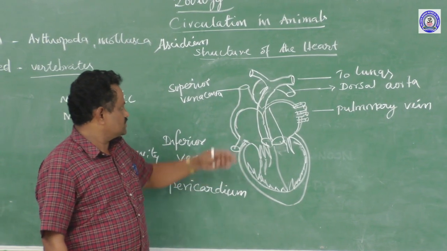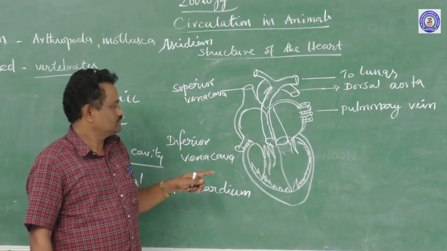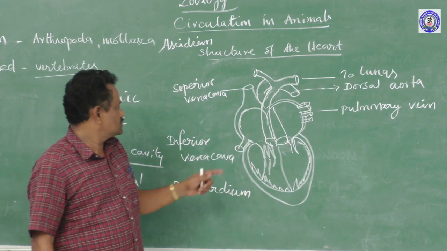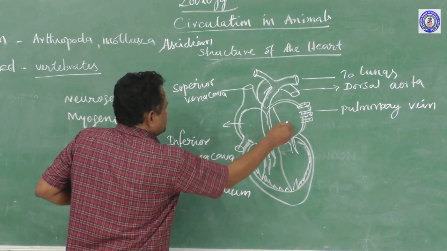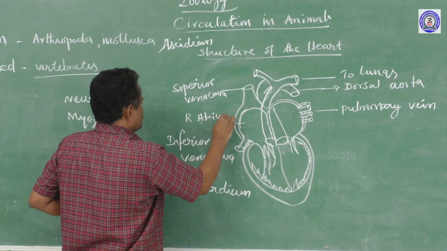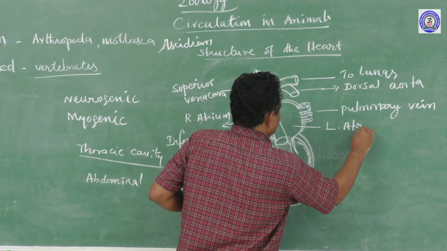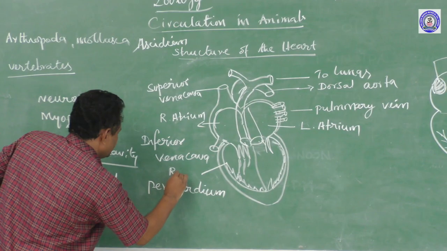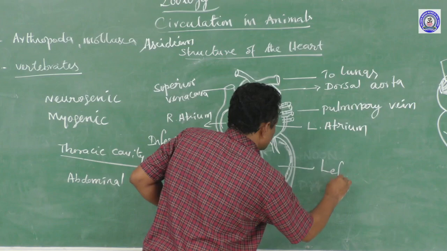If you see the internal structure, when you take the longitudinal section of the heart, you can see the four chambers. The two upper chambers are called auricles. This is the right atrium, and this one is the left atrium. This one is the right ventricle, and this is the left ventricle.